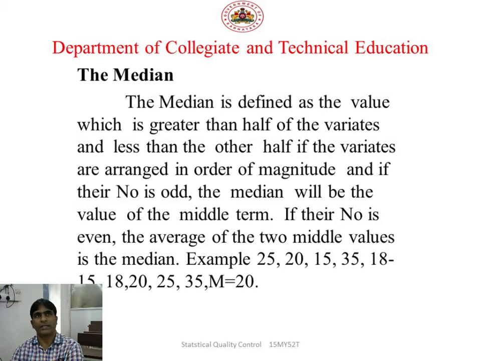Median is defined as the value which is greater than half of the variates and less than the other half, arranged in the order of magnitude. So the median is a mid value. If there are an odd number of observations in the distribution, the median will be exactly the middle term.